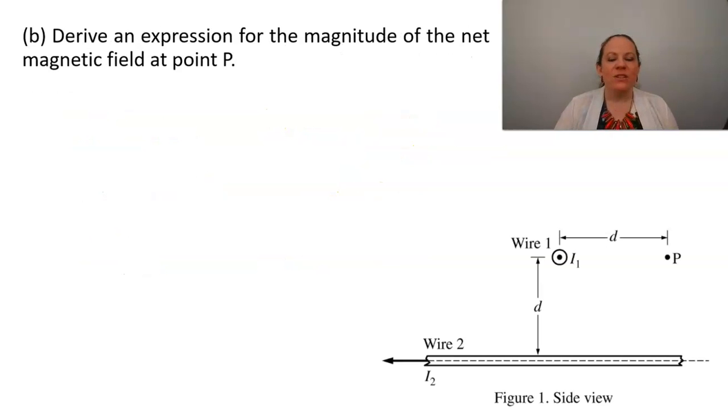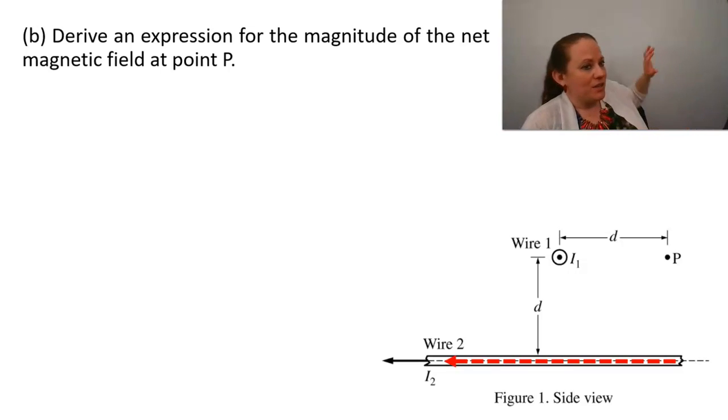Part B, derive an expression for the magnitude of the net magnetic field at point P. Well, to know how to add these two vectors, we need to know how they're oriented relative to each other. So let's use the right-hand rule. Wire 2 has a current shown as such.